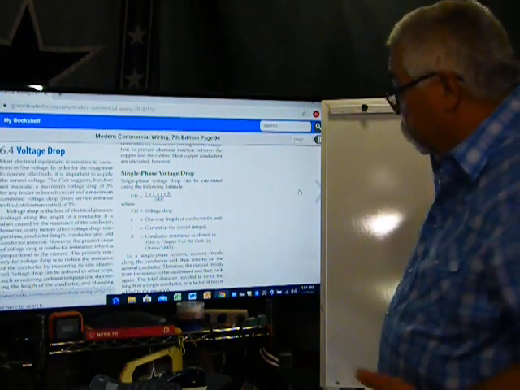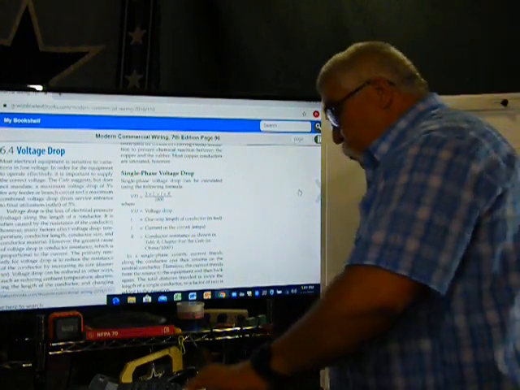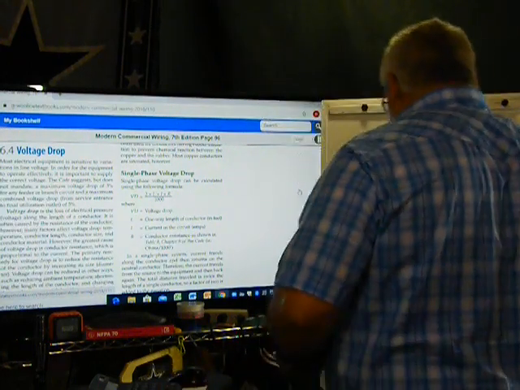But we'll show it this way because that's in the book. Then I'll show the other way. Okay? Voltage drop.